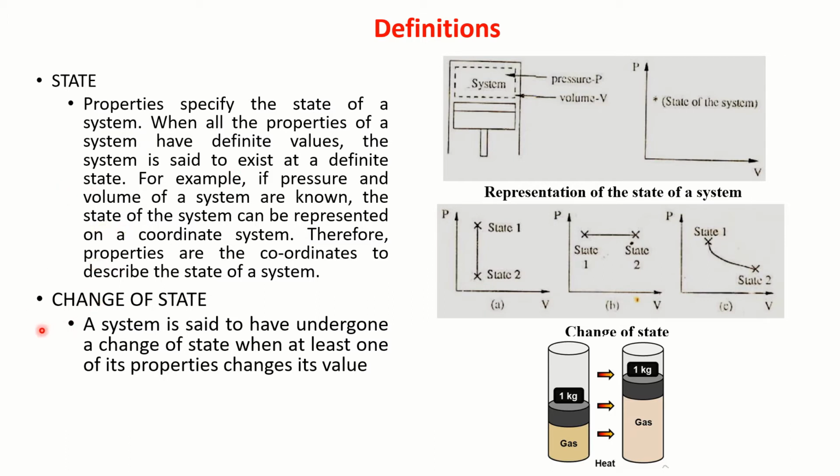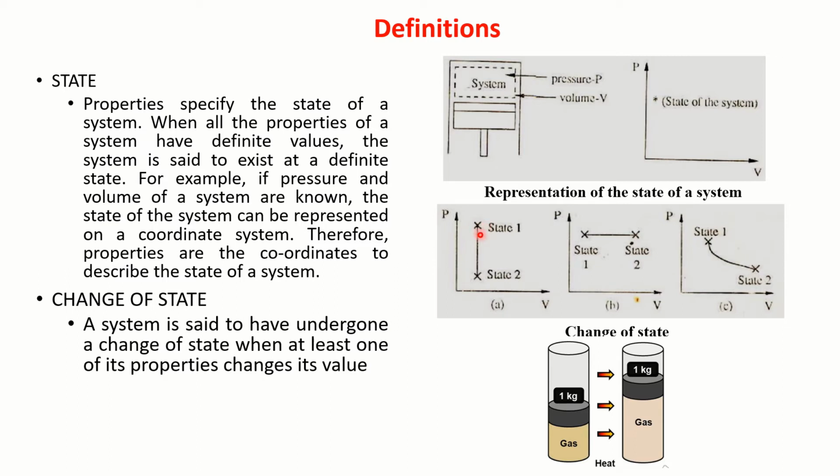Then let us talk about what is change of state. Let us say initially the system value I know, pressure and volume. So I know pressure, I know its volume. So I mark the state. Correct.